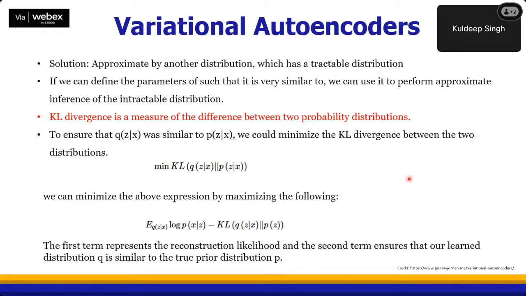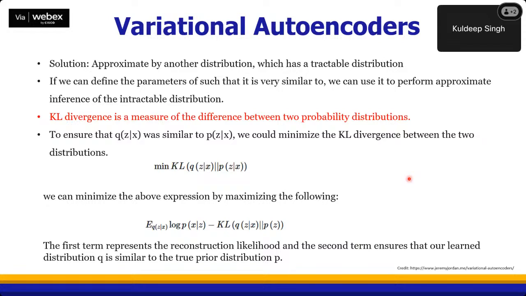Let me give you some more insight into it. What we are going to do here is approximate P(Z|X) by another distribution Q(Z|X). We know this distribution Q(Z|X). It is a tractable distribution.